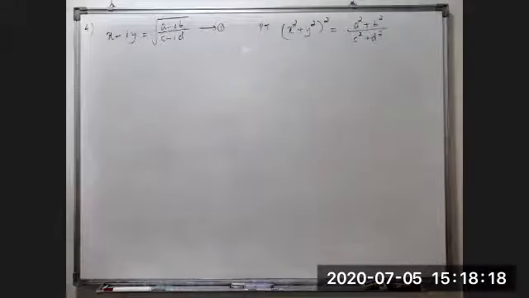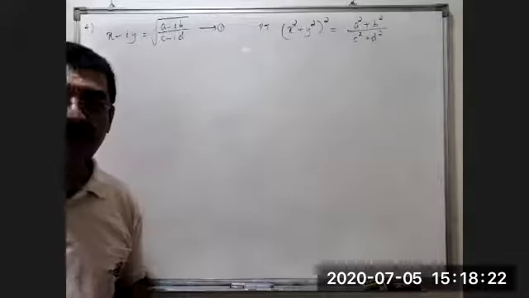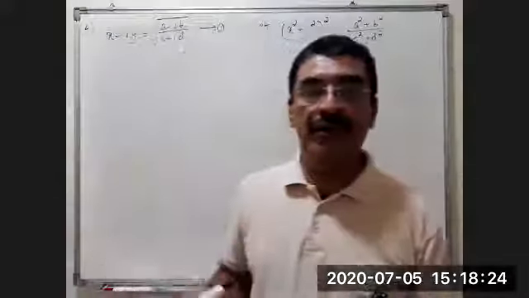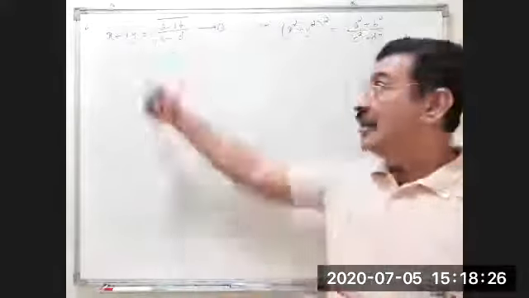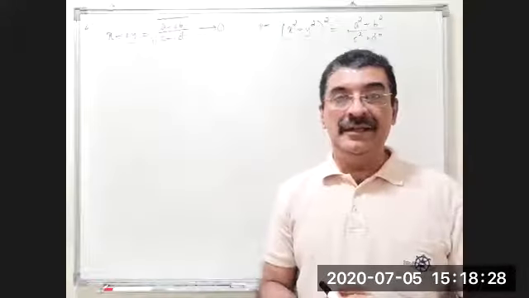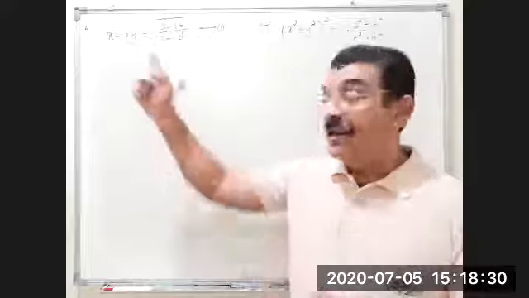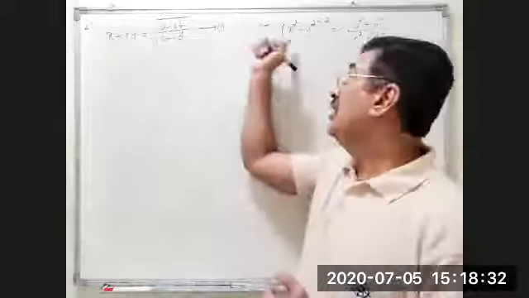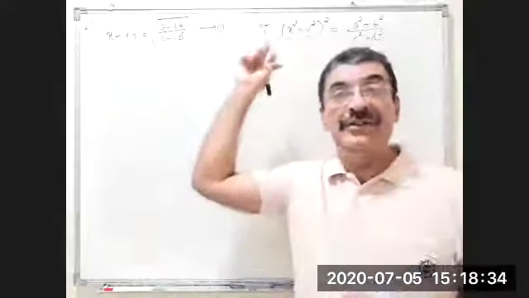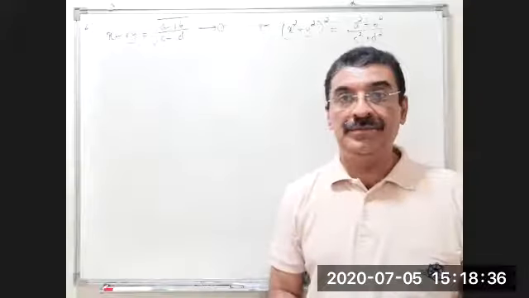Remember such questions. In all these types of questions, what is given? x minus iy is given. What do we need to prove? Something related to x square plus y square.